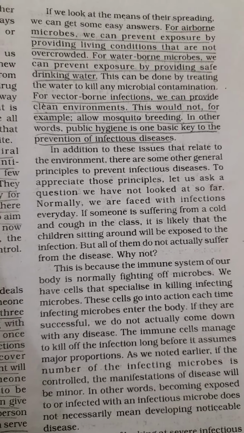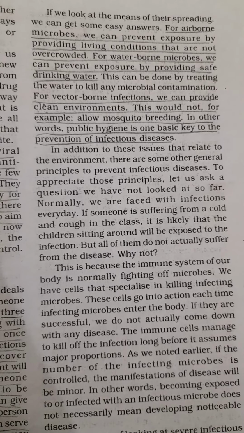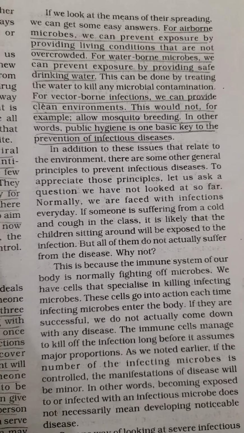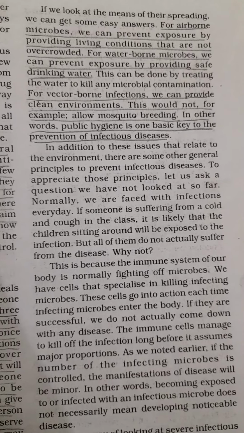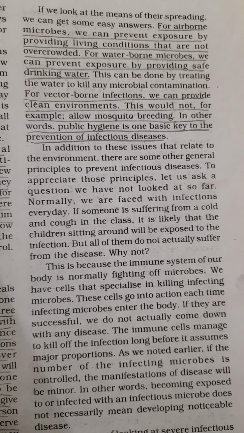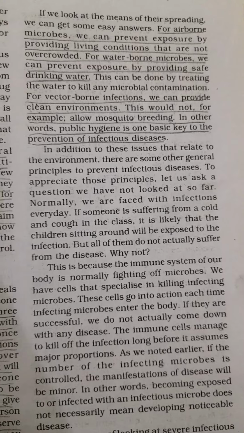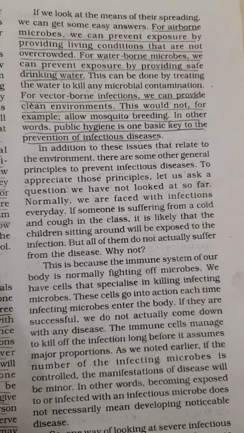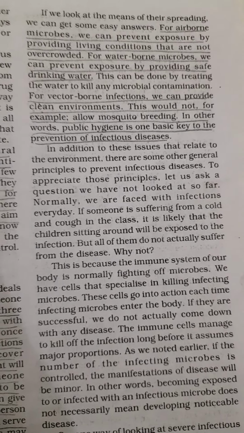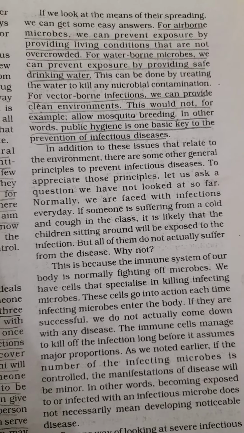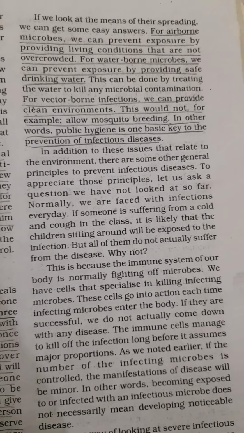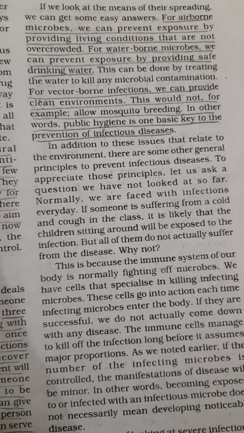For airborne microbes, we can prevent exposure by providing living conditions that are not overcrowded. Overcrowding means there are a lot of people in one place. So there are many chances of at least some of the people being affected by some kind of infectious disease.